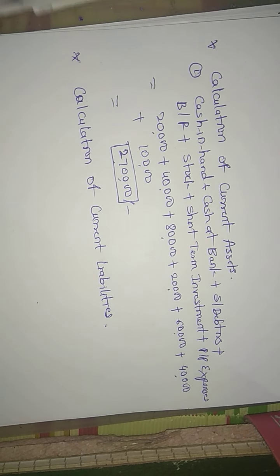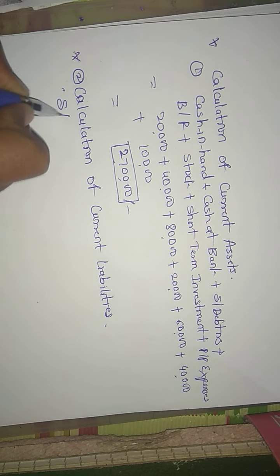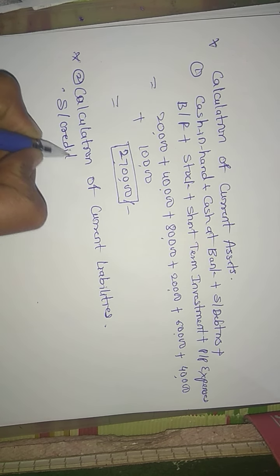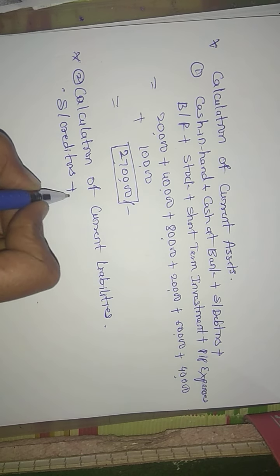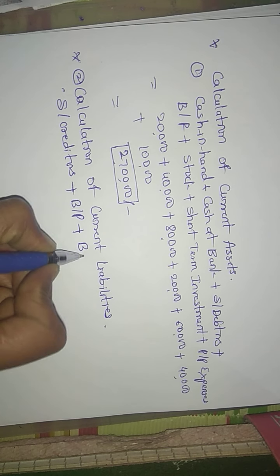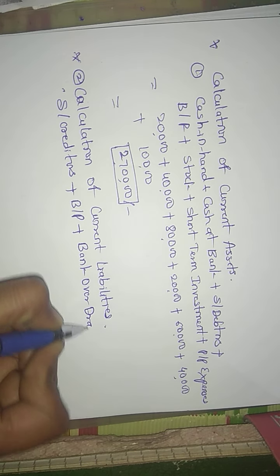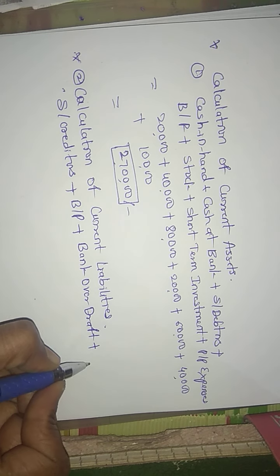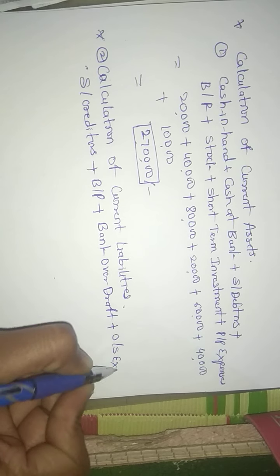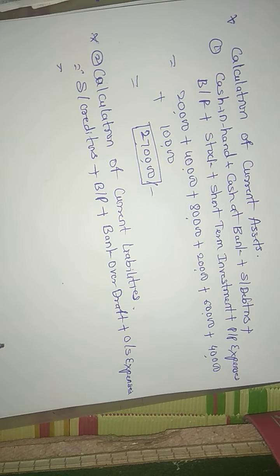Okay, and here we take the items: sundry creditors plus bills payable plus bank overdraft and the final item is outstanding expenses. Okay, by adding these values we get the value of current liabilities.